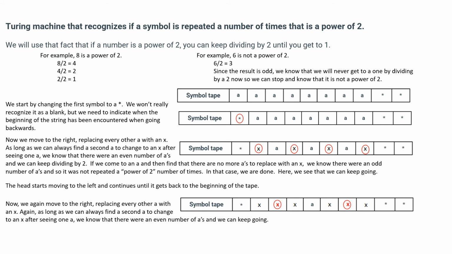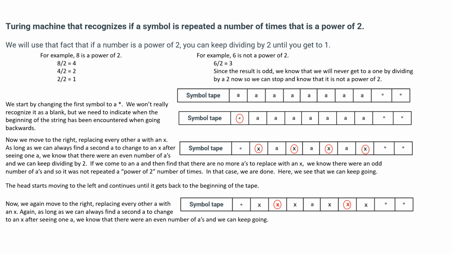And then we'll keep moving to the right until we see another A. We won't mark that off because we're only marking off every other A. But then the next A we see, we mark that off. Again, we'll keep going until we start seeing a bunch of blanks over here. As long as we don't see any more A's, we're good and we're still on the right path.